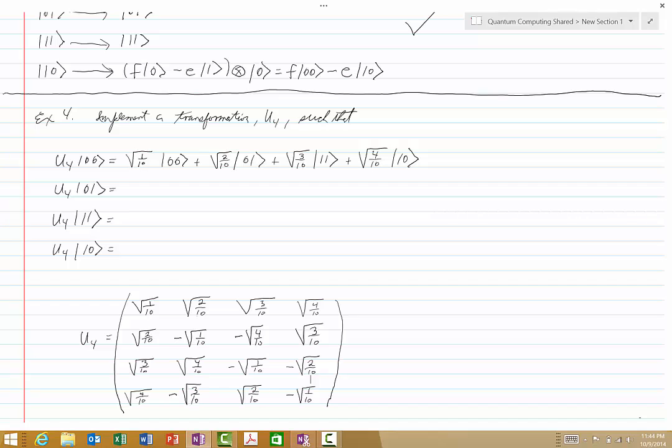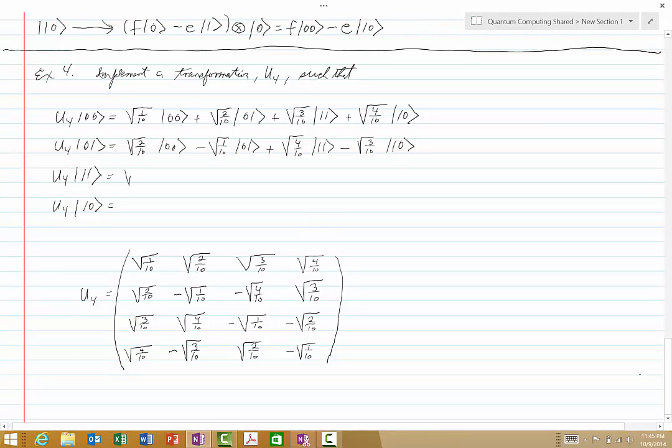So let's go ahead and write down the information from this matrix up here in our statement of how the transformation acts. So we'll have square root of 2/10, 0, 0, minus square root of 1/10, 0, 1, plus square root of 4/10, 1, minus square root of 3/10, 1 0.